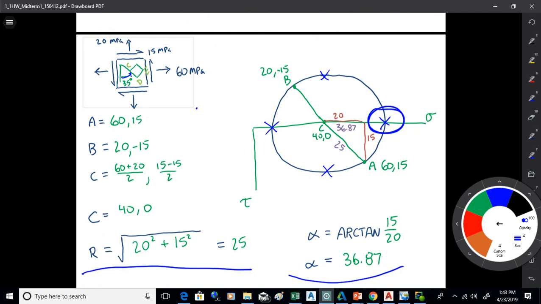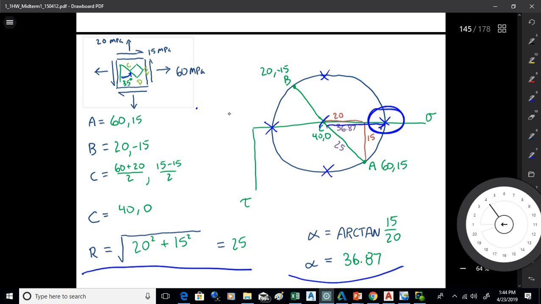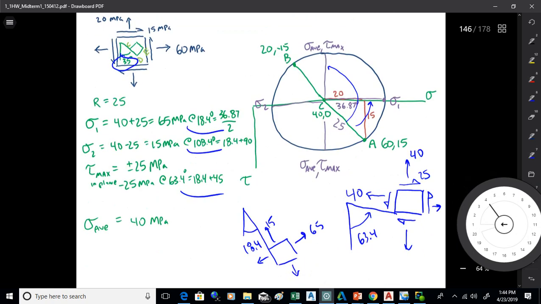That's where the normal stress, which is represented by x, is maximum. So you're going to take the center point and add the radius to get that. So 40 plus 25 is 65. That's over here. The minimum normal stress is over this way. It's as far left as you can go on the circle. 40 minus 25, it's 15.